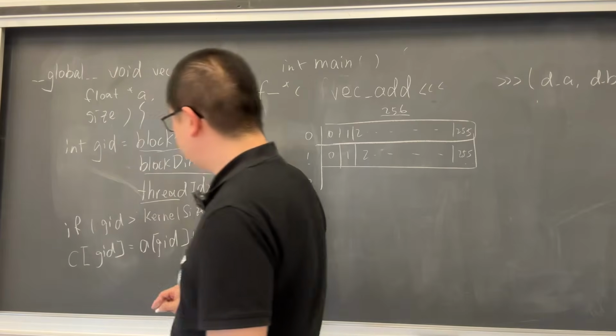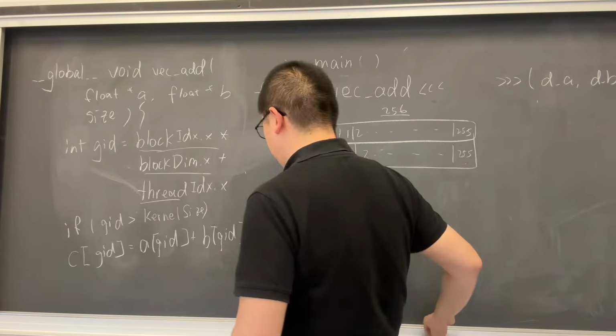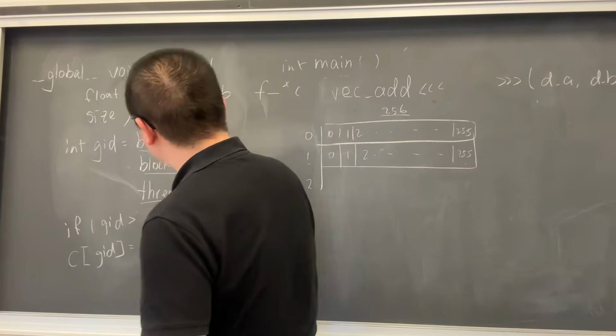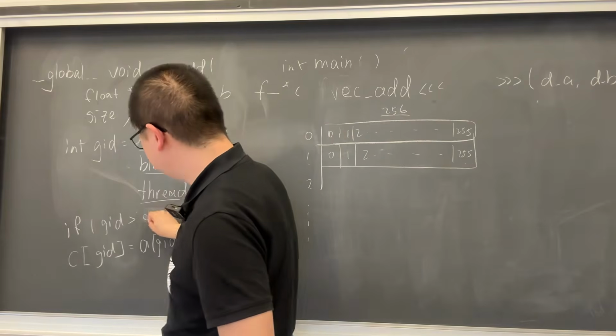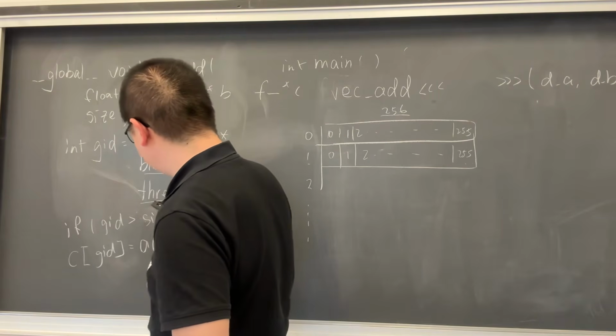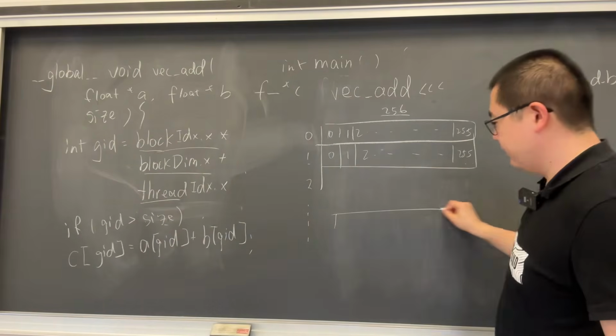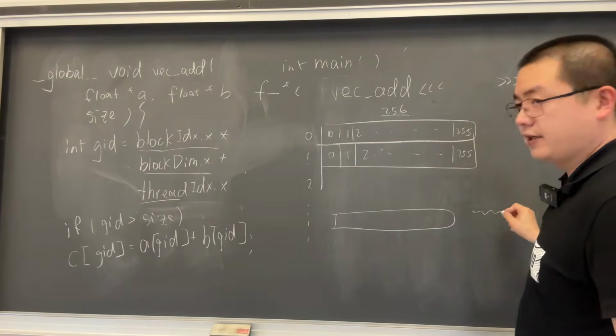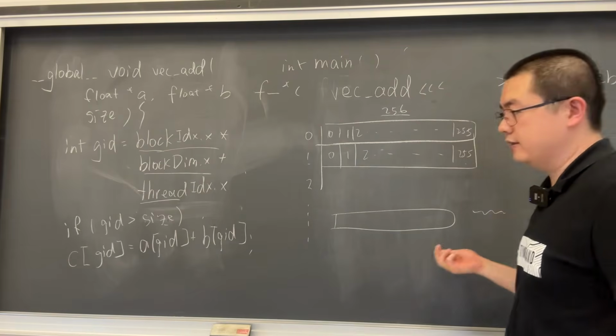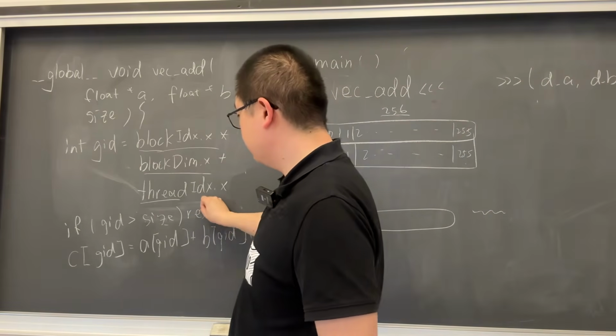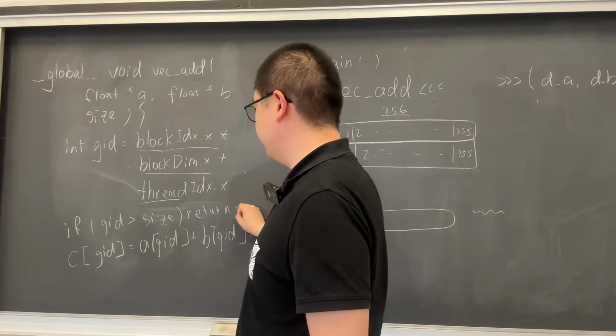Not really kernel size, it's only the vector size. If the GID is greater than the vector size, so if this is the vector, we're accessing somewhere past the end, we simply return. We don't do the calculation.